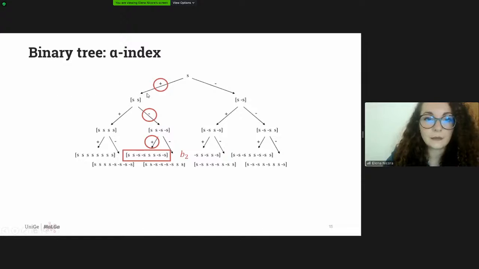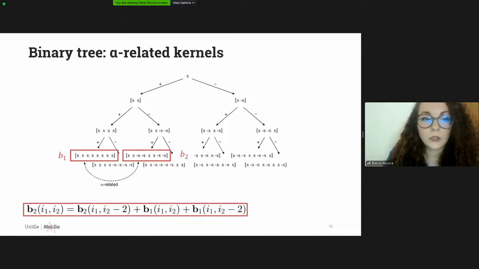In this case, the alpha index of B2 is plus minus plus, and two filter kernels are considered alpha related if and only if the Hamming distance of their alpha indices is exactly 1.